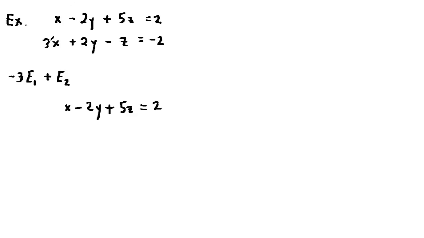Here we have minus 3x plus 3x, which is 0x. Here we have minus 3 times minus 2, which is 6. So we'll have 6y plus 2y, which is 8y.